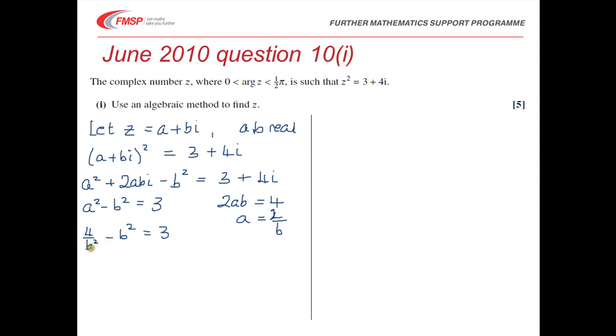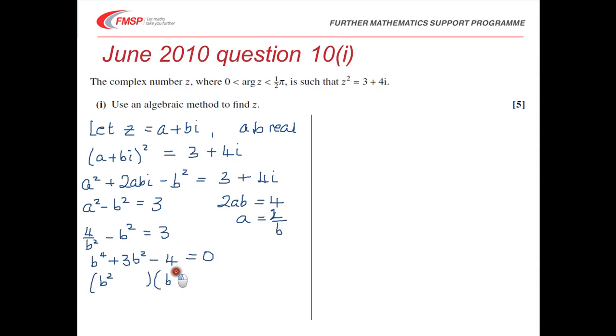We now have an equation in one unknown. If we multiply that equation throughout by b squared, we'll get 4 minus b to the 4th equals 3b squared, which we could write as b to the 4th plus 3b squared minus 4 equals 0. Now we have a quadratic in b squared, which we should be able to factorise.